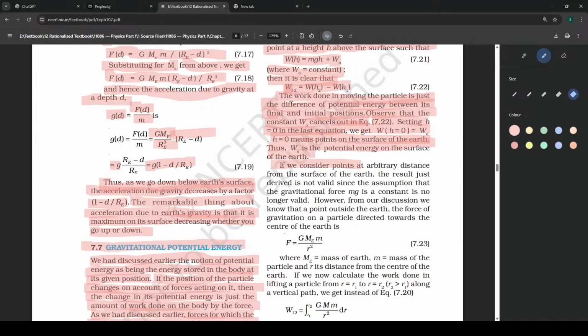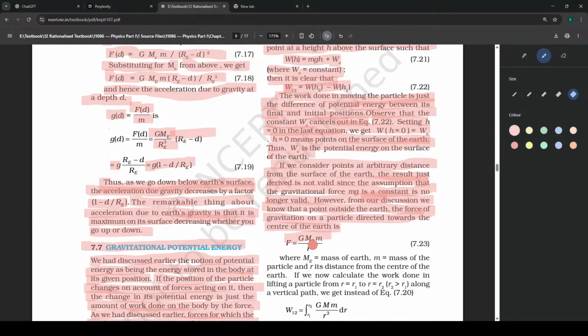If we consider points at arbitrary distance from the surface of the earth, the result just derived is not valid, since the assumption that the gravitational force mg is constant is no longer valid. However, from our discussion, we know that at a point outside the earth, the force of gravitation on a particle is directed towards the center of the earth.